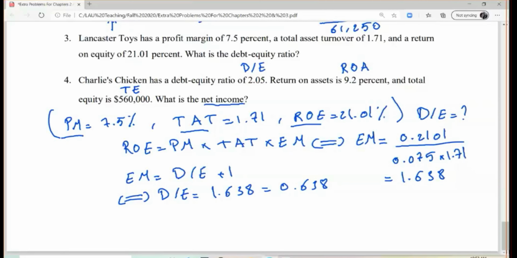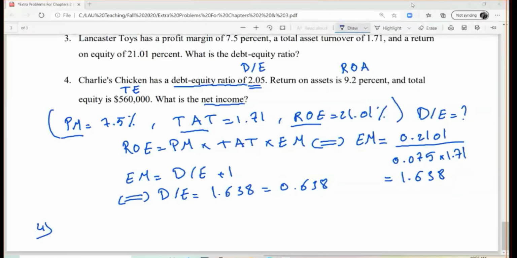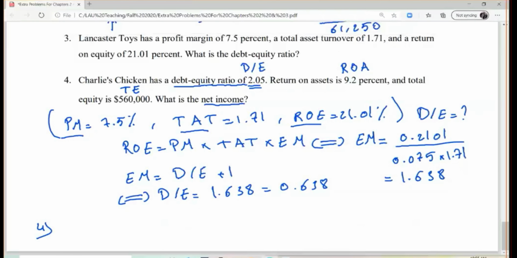Here, I need to find net income and I do not have total assets. So as I have the return on assets and the debt to equity ratio, I can compute the return on equity. Because the return on equity equals the return on assets times the equity multiplier.